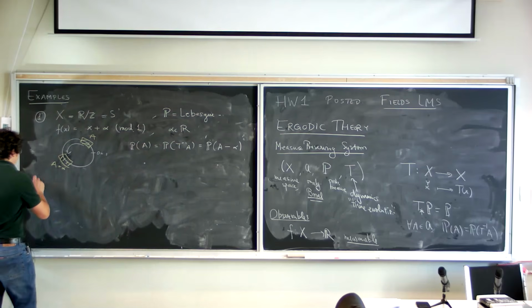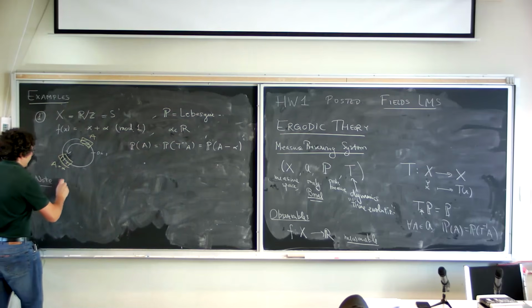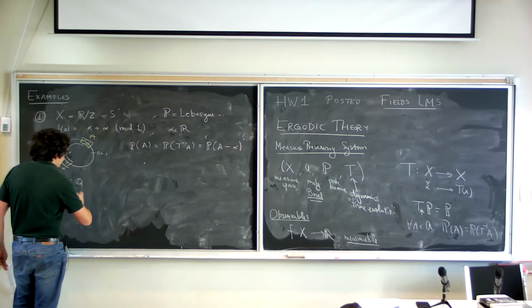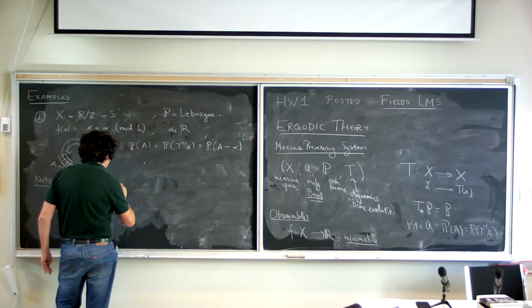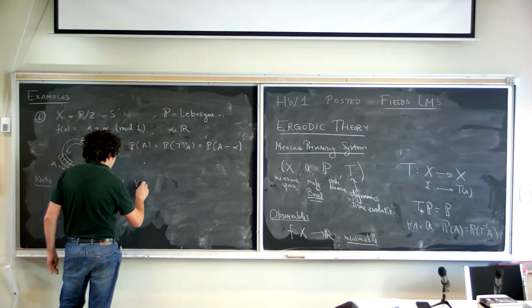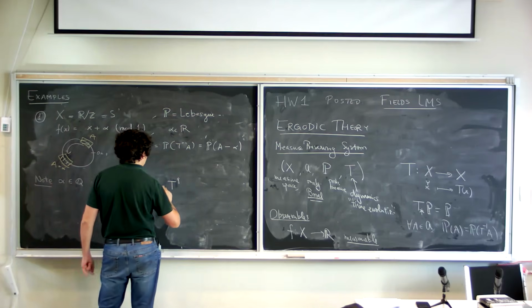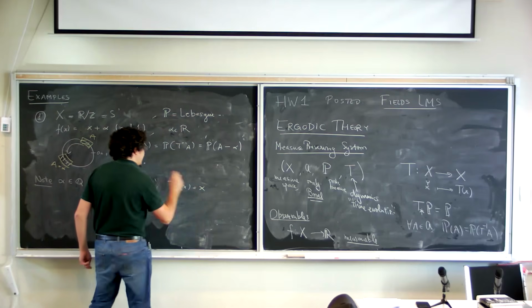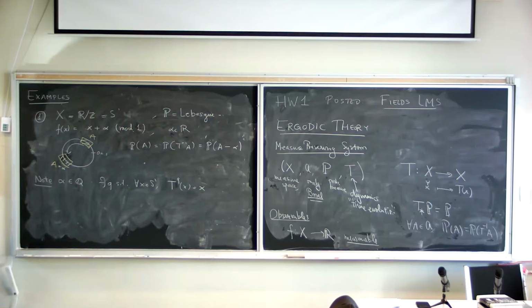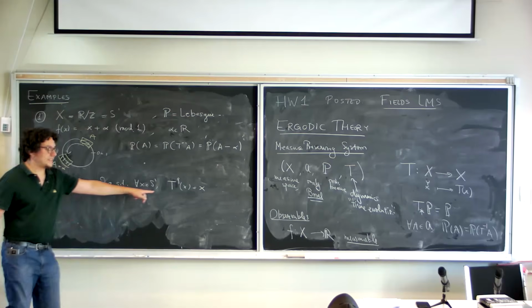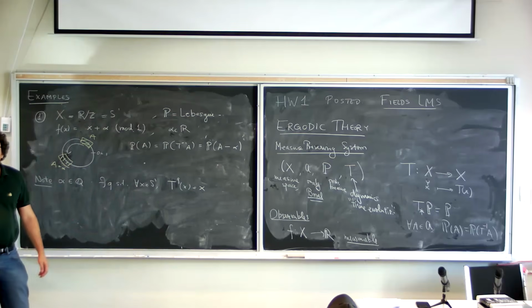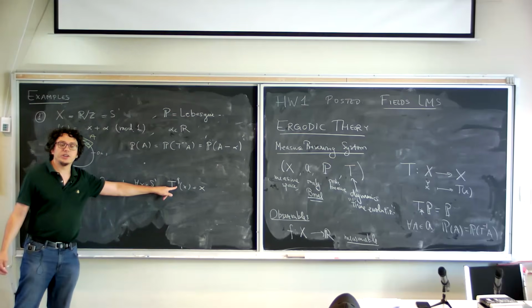So note that for alpha rational, there exists some Q such that for every x in S1, the Qth iterate of x equals x. So some power of T really is basically the identity, and every point is periodic of the same period.